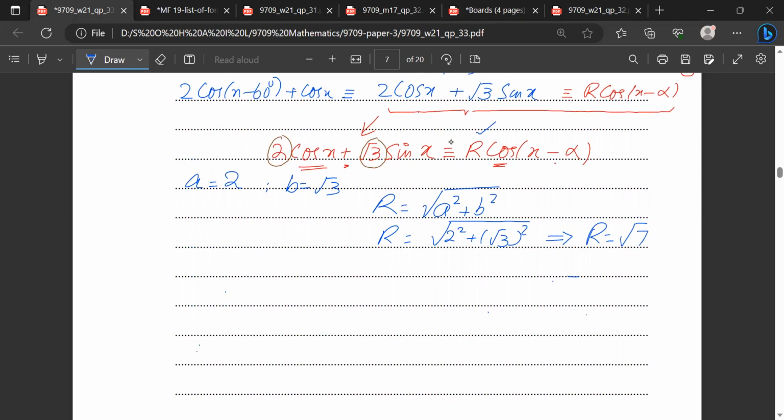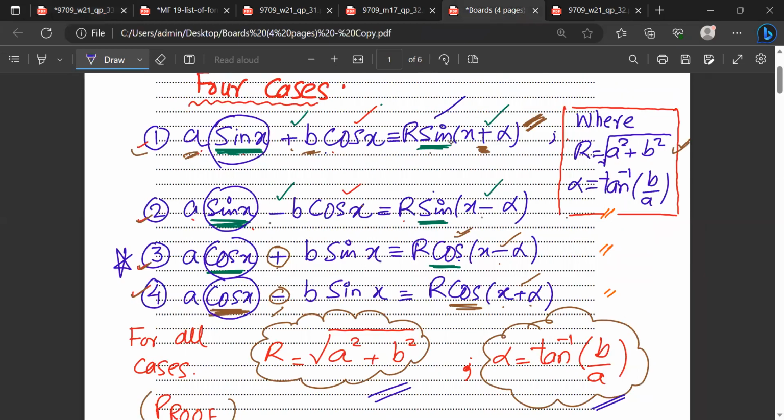So r is root 7, and the formula for alpha, remember, was tan inverse of b over a.